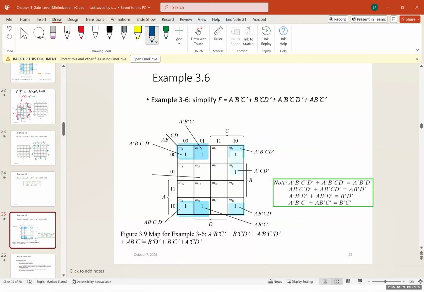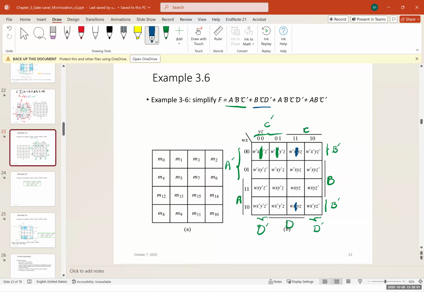Let me see if this is a different one from the other one. So B prime, C, D. Oh, C, D prime, not D. Sorry. B prime, C, D prime. So B prime, C, D prime are going to be the two on the right.